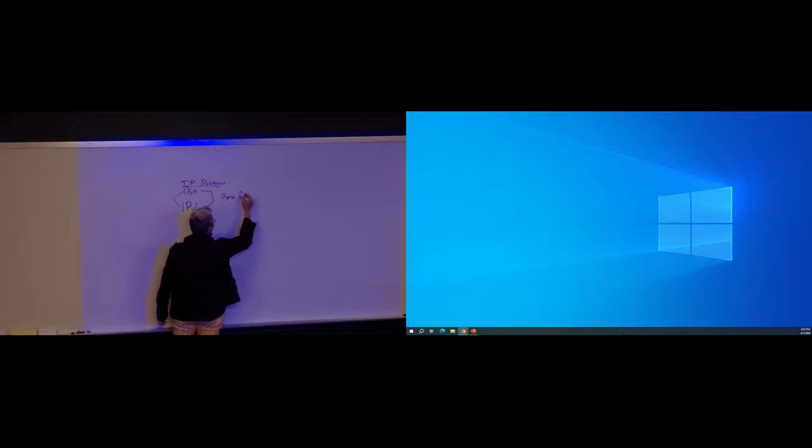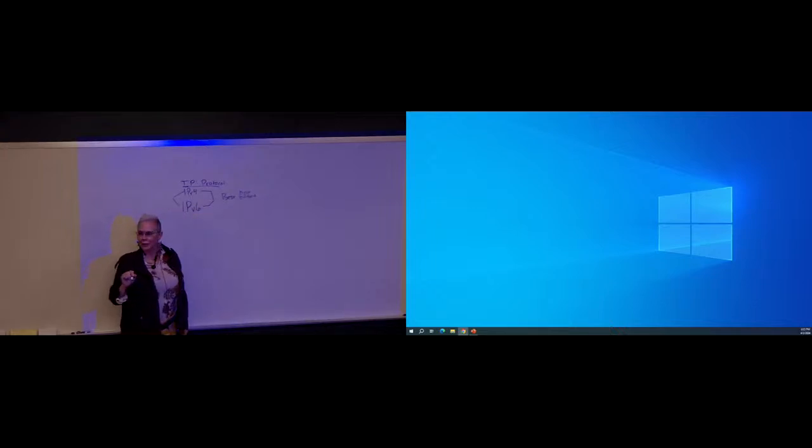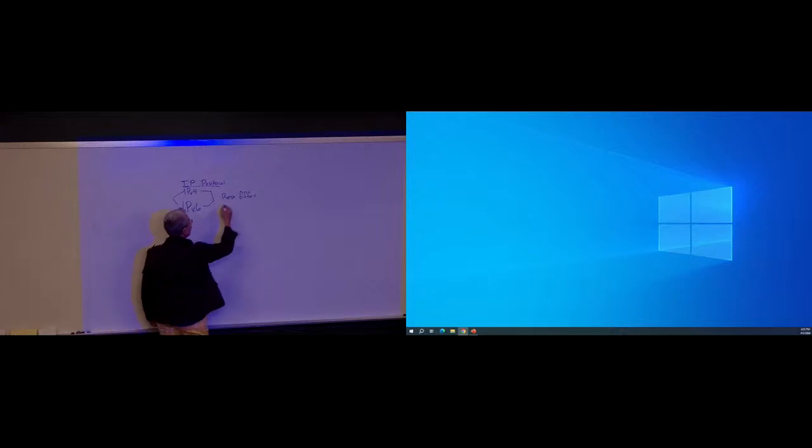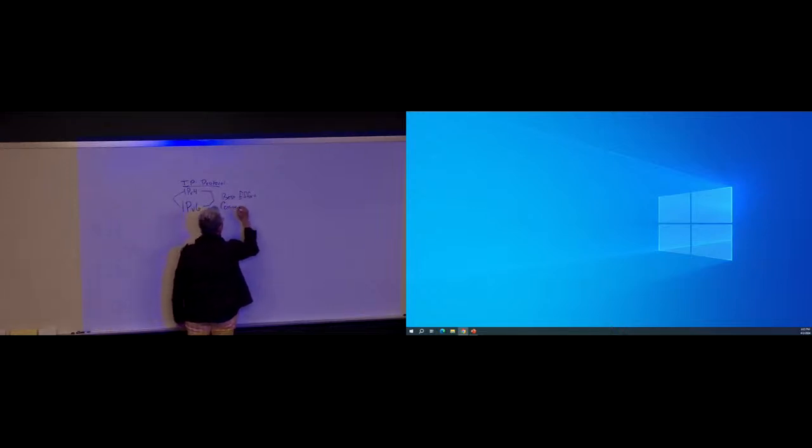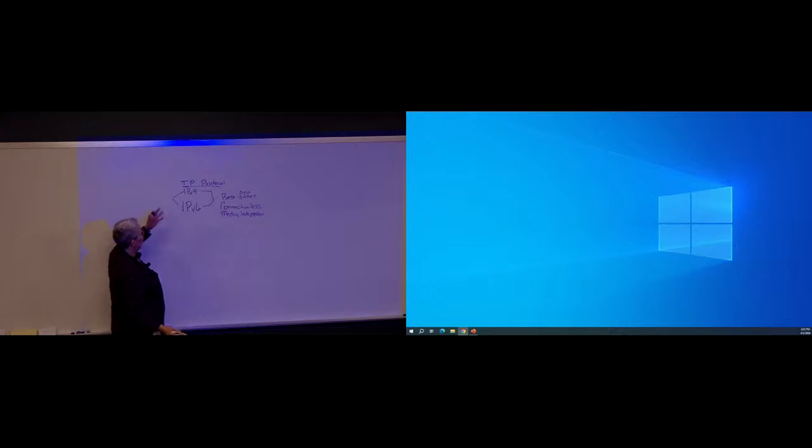So best effort, connectionless, good job, and media independent. It's important to remember it doesn't matter if we're dealing with IPv4 or IPv6, these characteristics still apply.